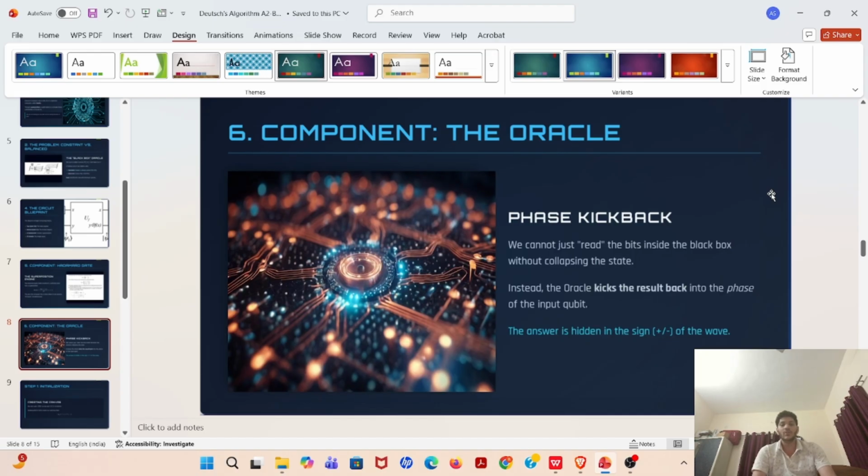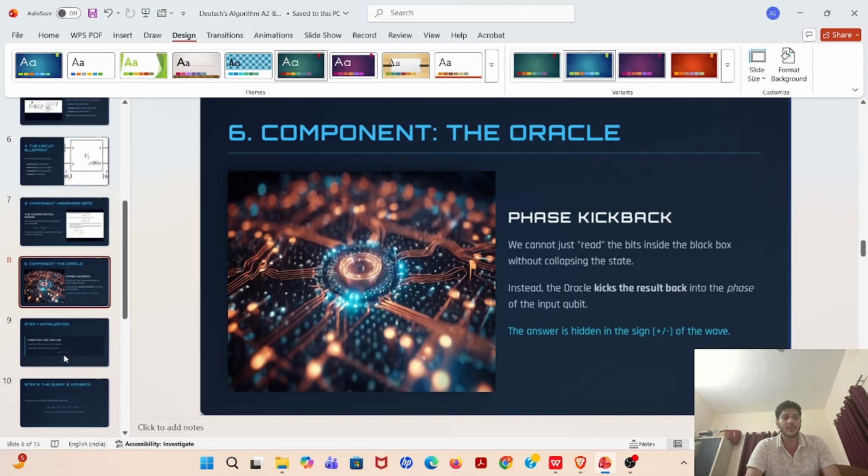So instead, we use the oracle. The oracle kicks the result back into the phase of the input qubit. So we use the phase feedback of the oracle to get the input qubit.